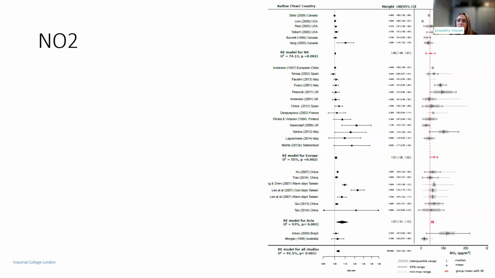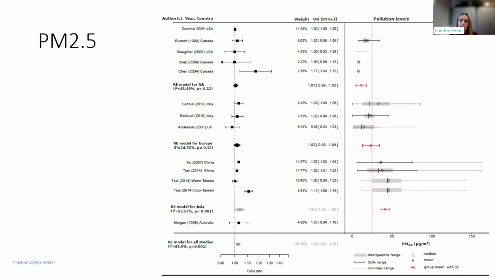And secondly, that there was some evidence that even levels below what WHO was saying were sort of okay, there were potentially issues with pollutants triggering exacerbations of COPD. And this is just another example here from that systematic review with PM 2.5.